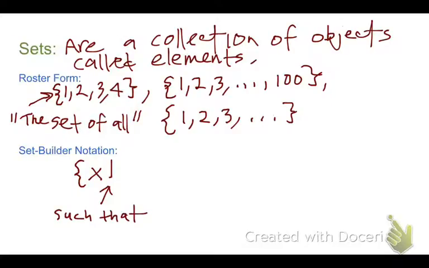So for example, the set of all x such that x is greater than 4 is how that is pronounced. The set of all x such that x is greater than 4.